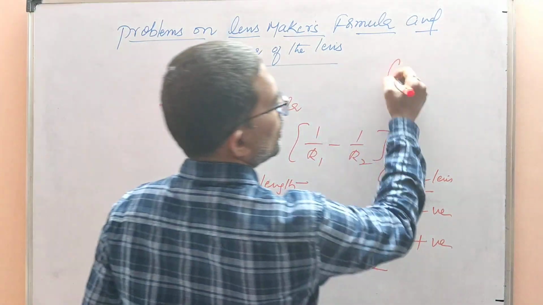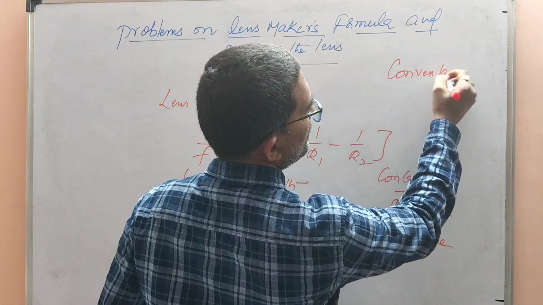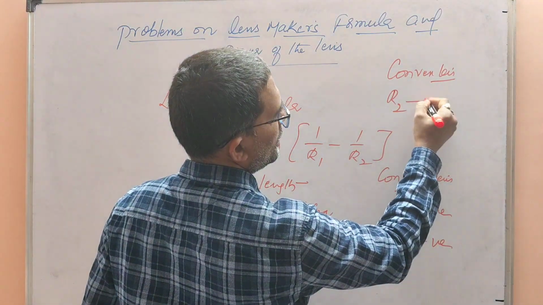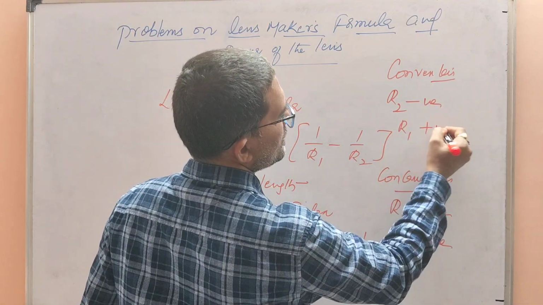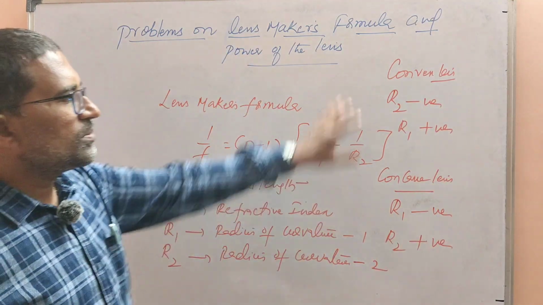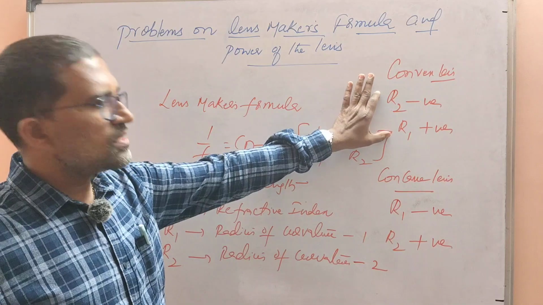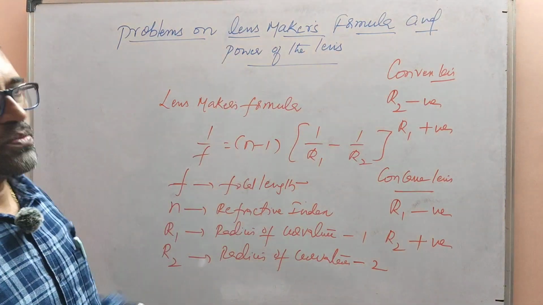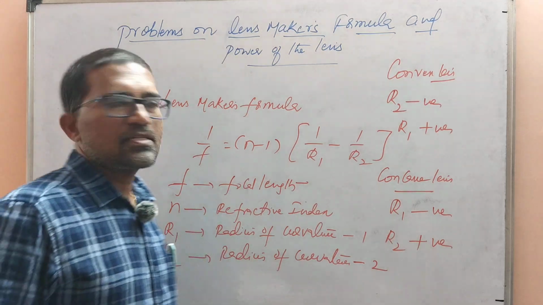And for a convex lens, it is the reverse: R2 is negative, R1 is positive. Please remember these. If you remember these conventions, then we can do the problems of lens maker's formula very easily.